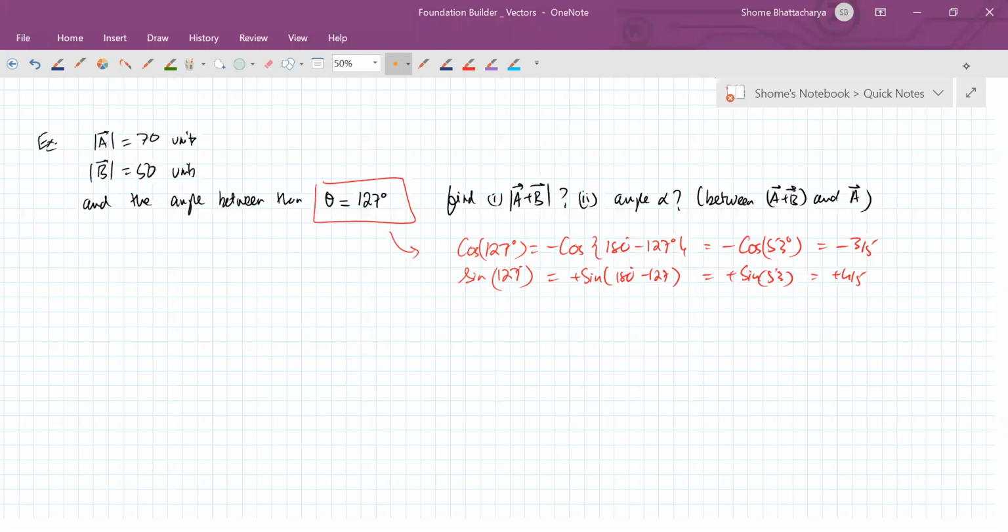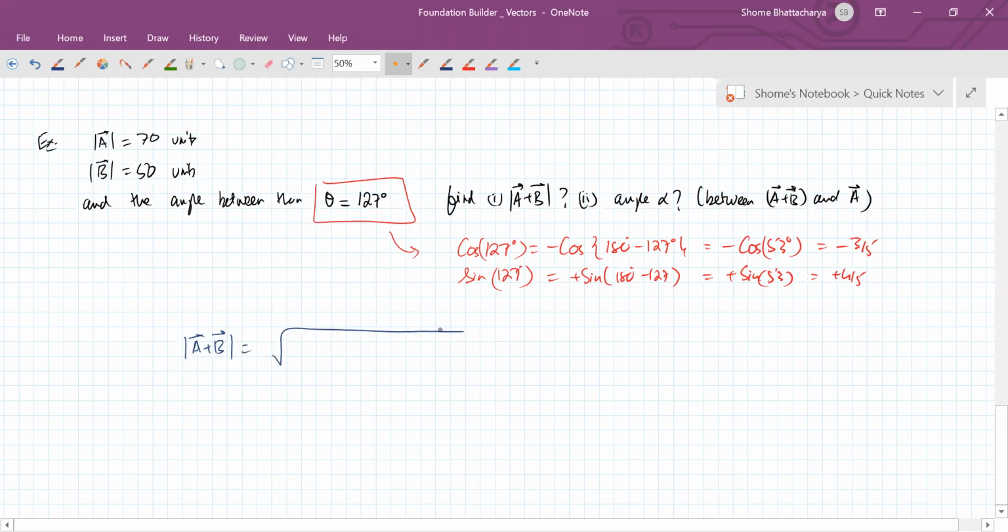So your magnitude of A plus B now, you will get this as root of a square plus b square plus 2ab into cos theta.